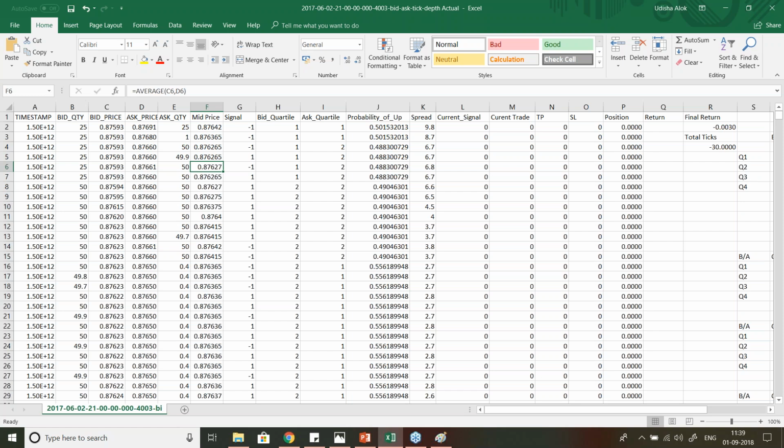So as someone earlier pointed out, if the bid and ask prices change, we don't have to worry, the calculation will be the same. The sell signal is basically when the mid price goes down. So if my mid price has decreased, it will be -1, else it will be +1.